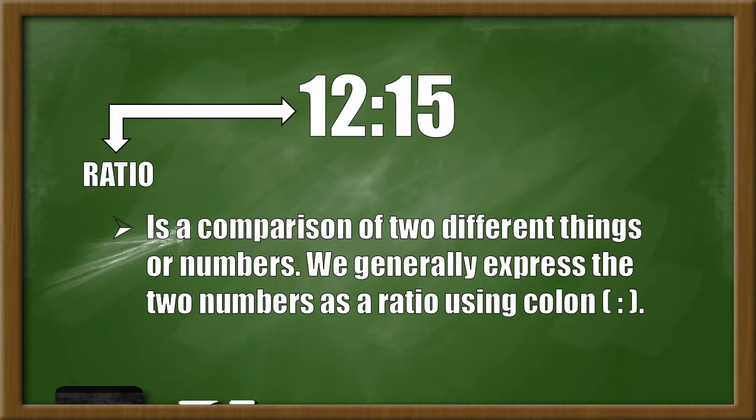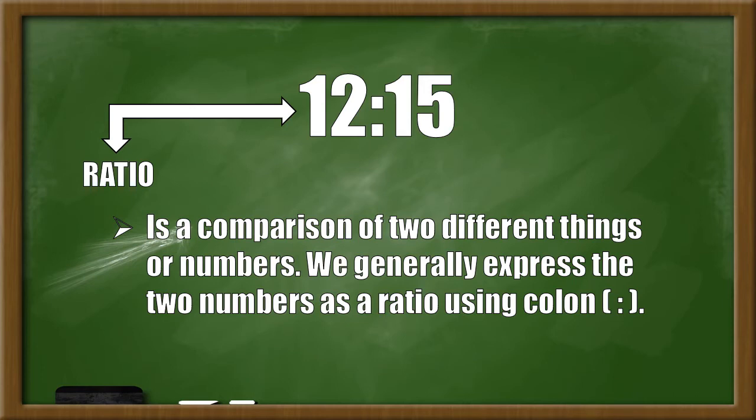So, take note of this sentence. A comparison of two different things or numbers. So, what do you mean by different? Okay, let's have an example. Laptop and cell phone. They are different things.